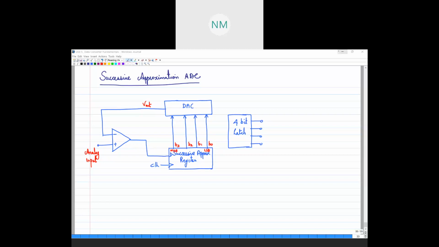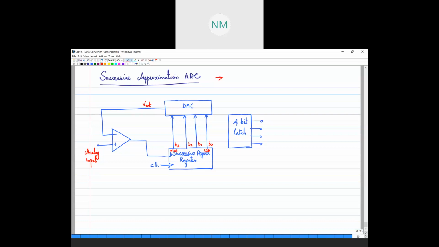If you look at the block diagram, there are three important components. One thing is very obvious: all ADCs generally have a DAC within them. So the first component is a digital to analog converter.